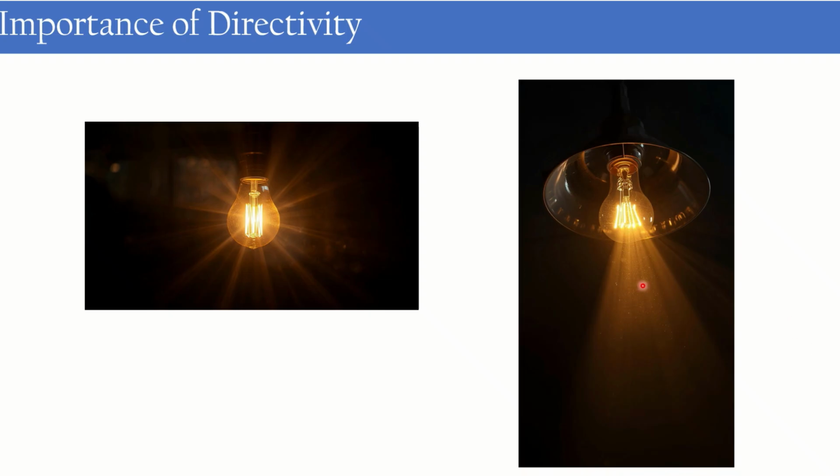So by using reflectors, we can enhance the illumination in our desired directions, and we can avoid the wastage in undesired directions. In this case, the directivity specifies the capability of the source to redirect its power in a desired direction so that it can avoid unwanted illumination in undesired directions.